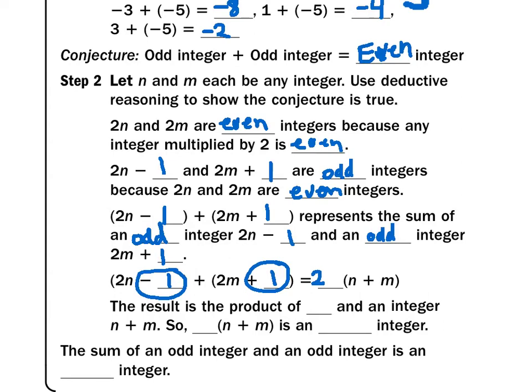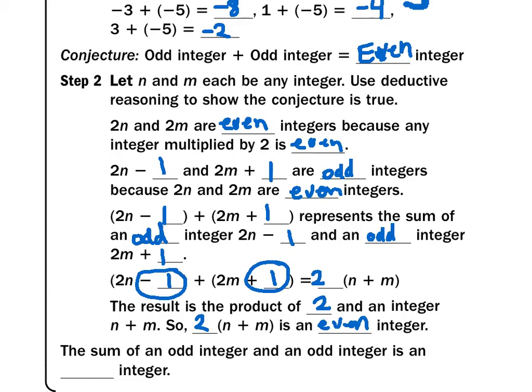So the result of a product of 2 and an integer n plus m, so 2 times n plus m, is an even integer. Okay, it's using algebra with definitions to prove your answer. The sum of an odd integer and an even integer is always even in the last blank.